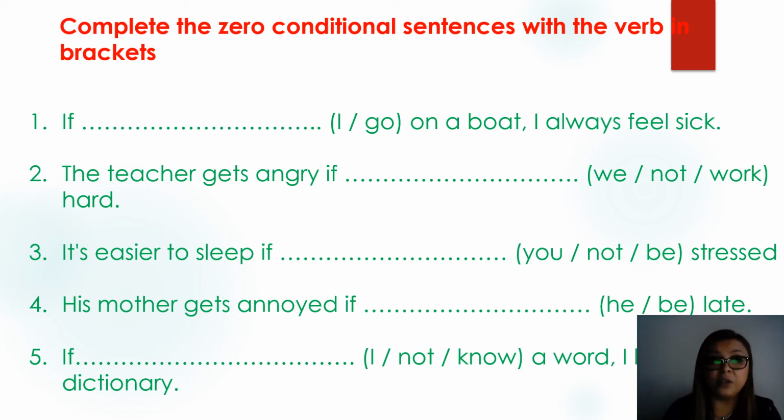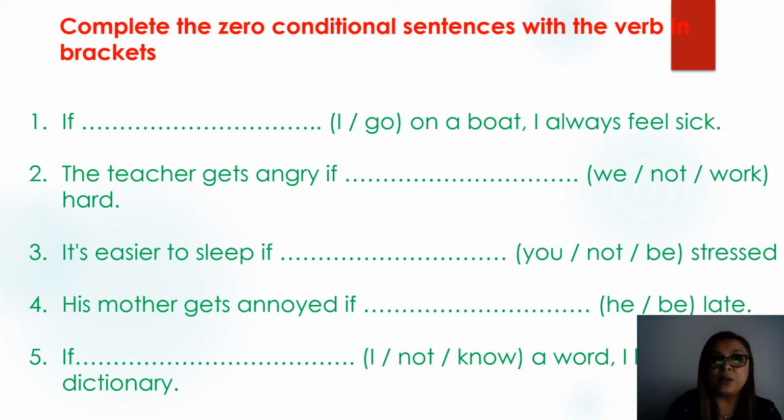So for the first example that I have there, if I have a space, in parentheses I have I go on a boat, I always feel sick. So I just need to write what is inside of the parentheses. Lo único que tengo que hacer es escribir lo que tengo entre paréntesis.